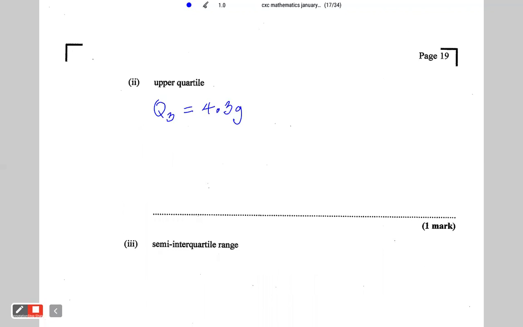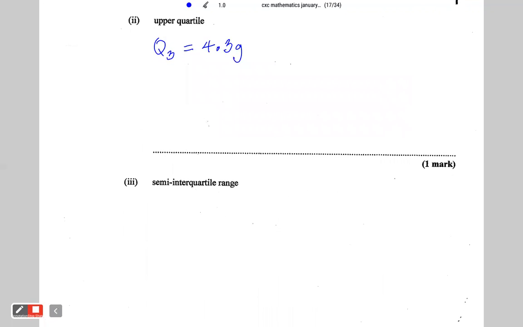The next thing we're asked to find is the semi-interquartile range. The symbol for that is SIQR, and SIQR is equal to Q3 minus Q1 divided by 2. Q3 we already found, so what we need now is Q1. Q1 is the value below which 1/4 of the data lies.